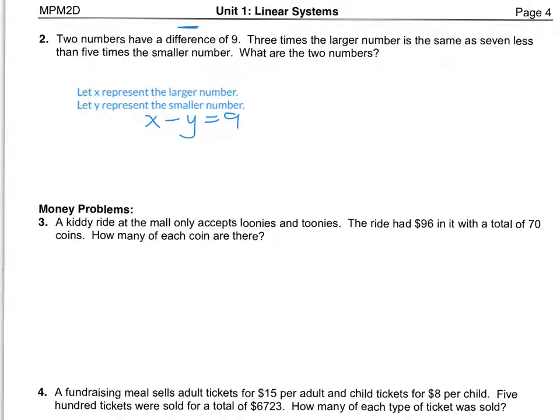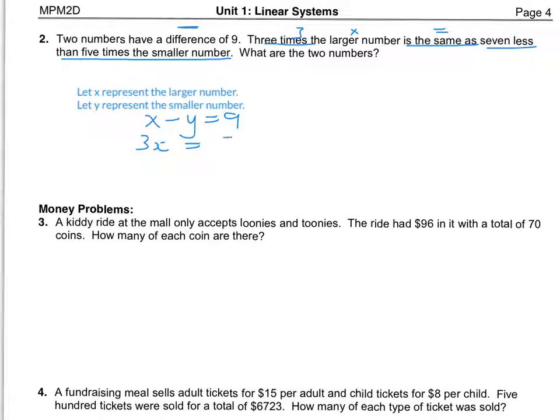And then it says 3 times the larger. So this is 3 times. I have to multiply. The larger number is x. Is the same as, so same as means equal to. So we've got 3x is equal to 7 less than 5 times the smaller number.